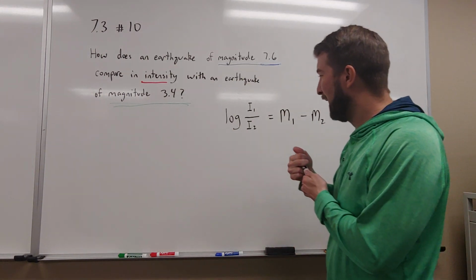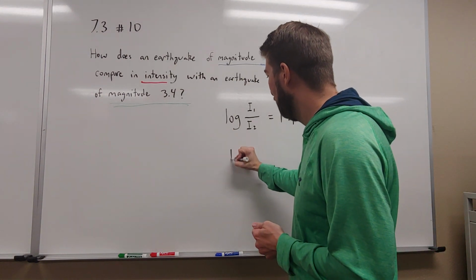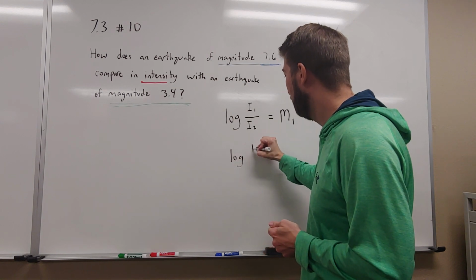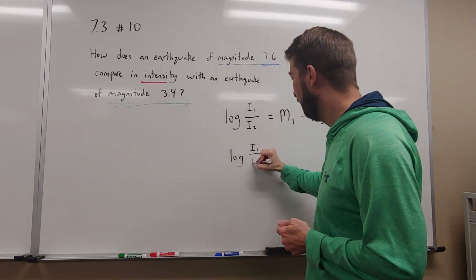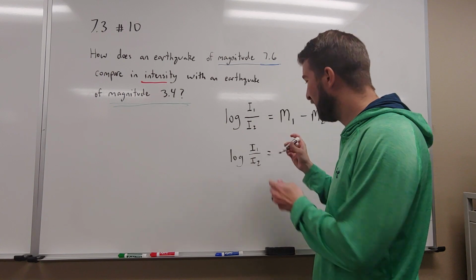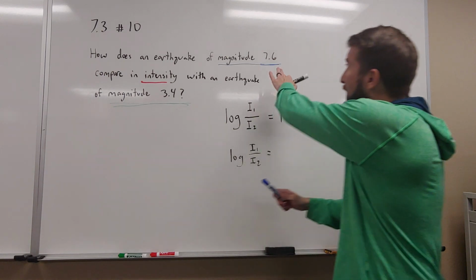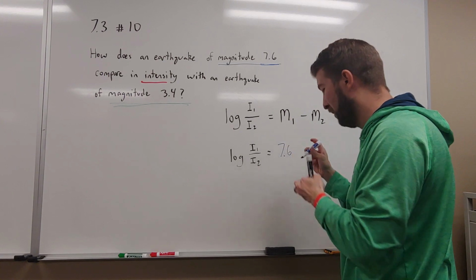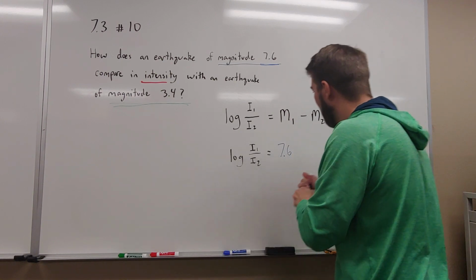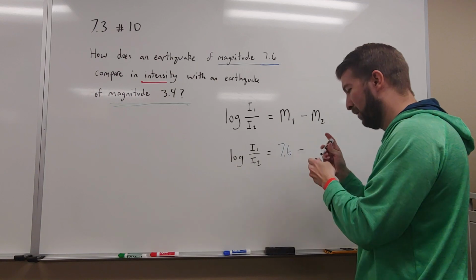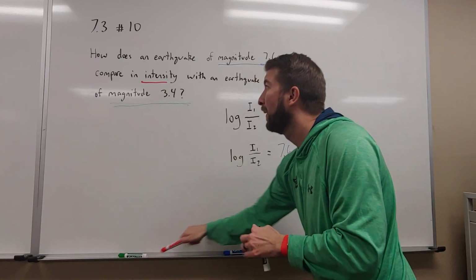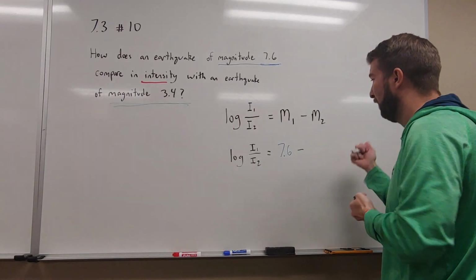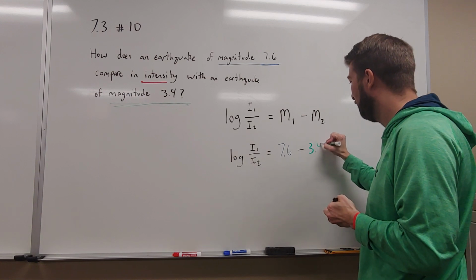I'm going to rewrite this as log of I1 over I2 equals 7.6 minus 3.4.